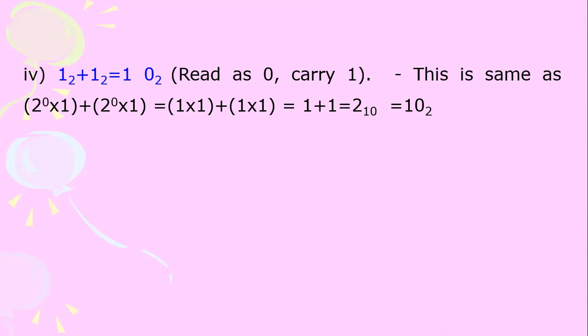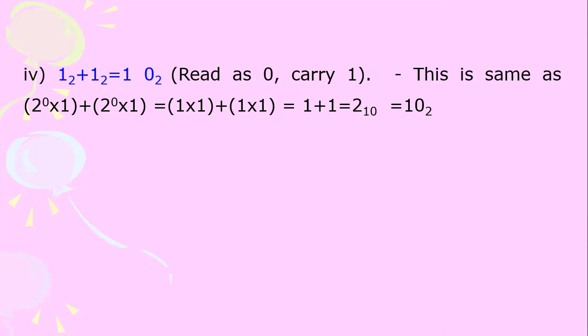That 1 that you have carried, if you are adding it to a series of bits, you add it to the bit that is next in that order. And therefore, 1 plus 1 equals 0 carry 1.